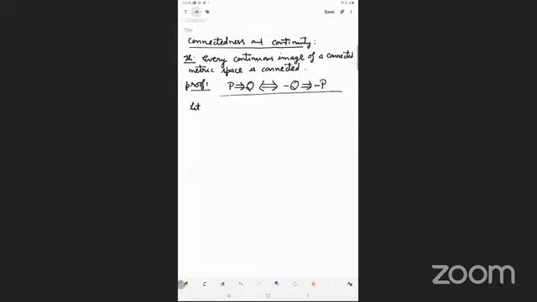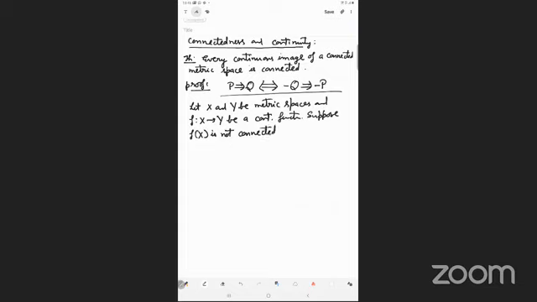Here we are going to prove: let X and Y be metric spaces and f from X to Y be a continuous function. So not Q means we have to take f(X) is not connected. So suppose this f(X) is not connected.